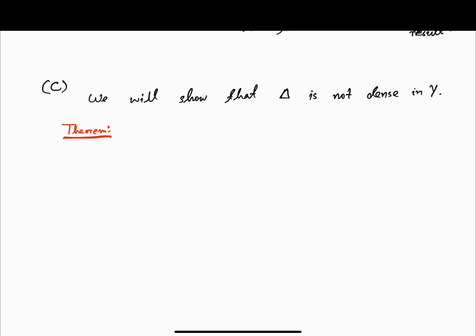Here we have, the delta is closed if and only if X is Hausdorff. Suppose Y is the product of X_n, n belongs to N, where X_n is the same X for all n, with respect to the product topology.